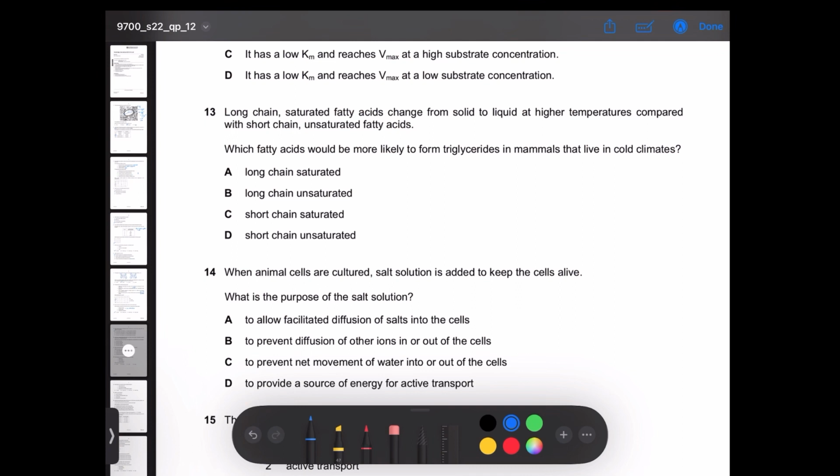Increased fluidity comes with increased unsaturation and shorter chain length. These two conditions will increase fluidity. So in cold climates the fluidity is decreased, so to compensate for this, you need to have short chain fatty acids which are unsaturated.